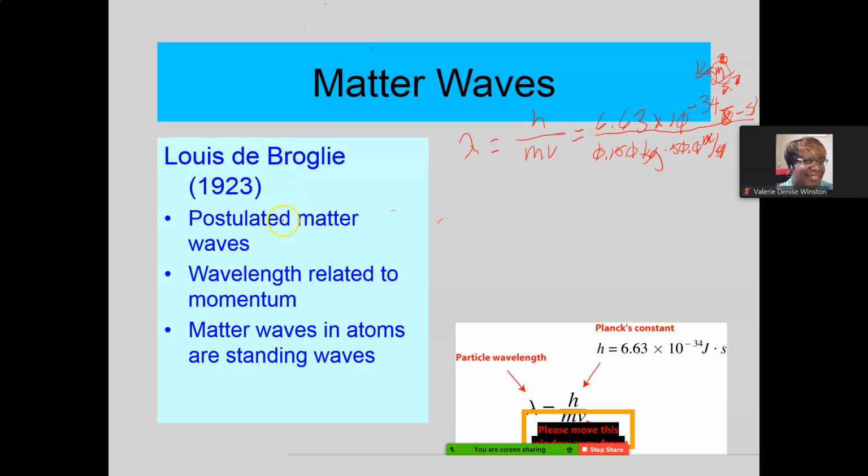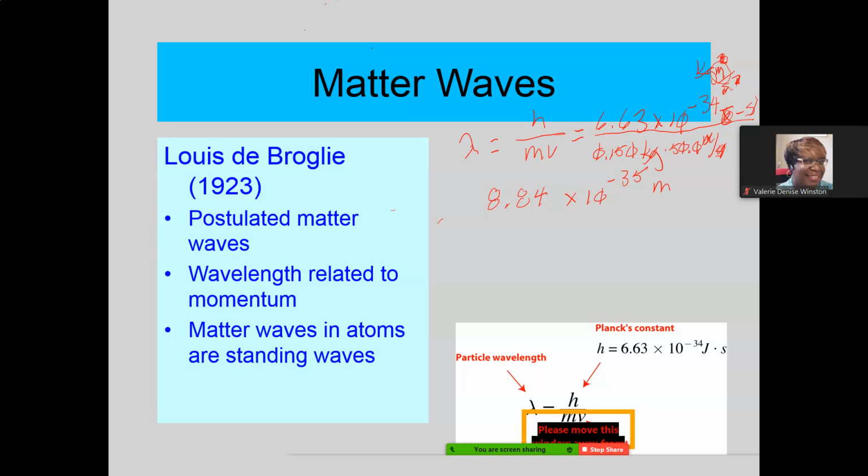The wavelength for that baseball is 8.84 times 10 to the minus 35 meters. That's the one unit you got left. That's a unit per length.